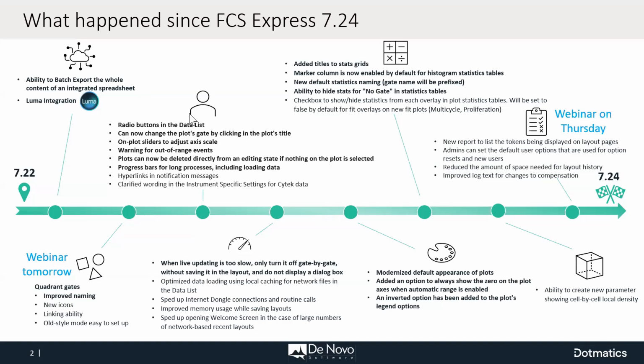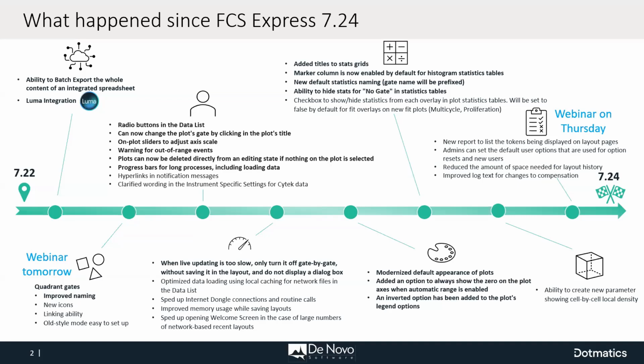I just want to show you a little bit about what we've done in terms of improving the naming of quadrants, because I personally really like that announcement. And then we have really a lot of things about quadrants, like new linking ability. So now we can link every single branch of the quadrants, not just the center point, as it happened in 7.22. We have new icons.